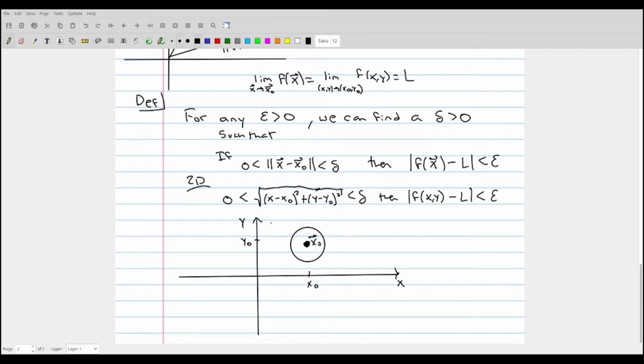So this circle that I've just drawn is a circle of radius delta.